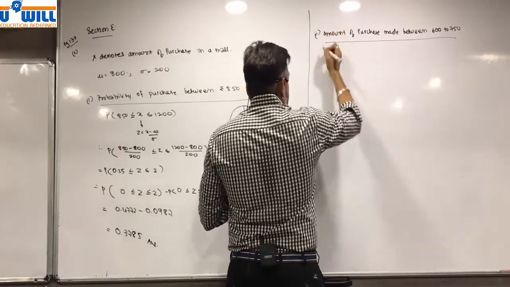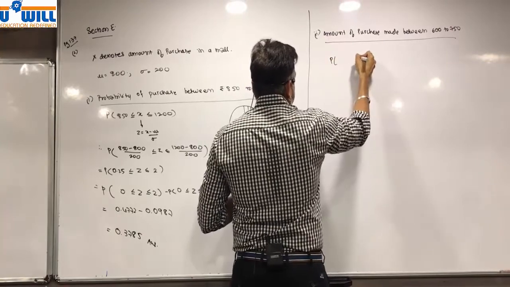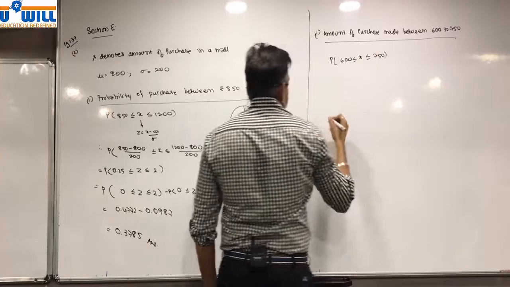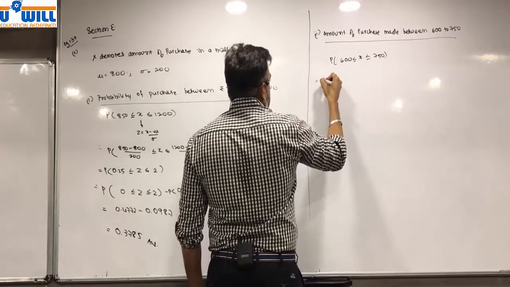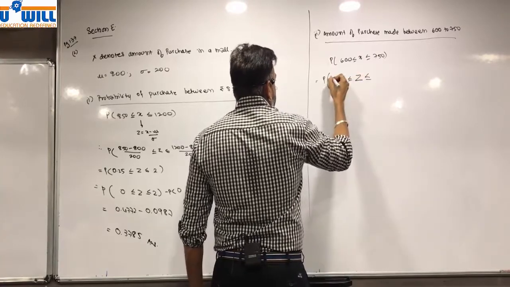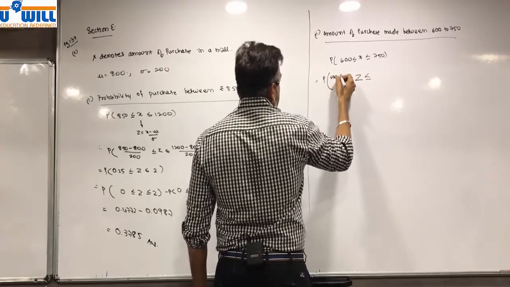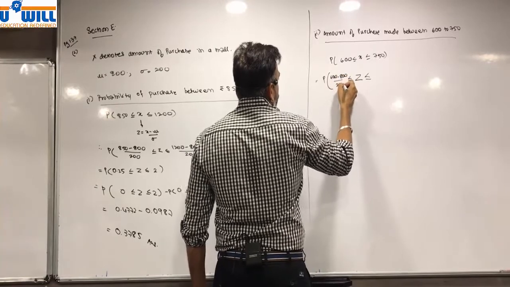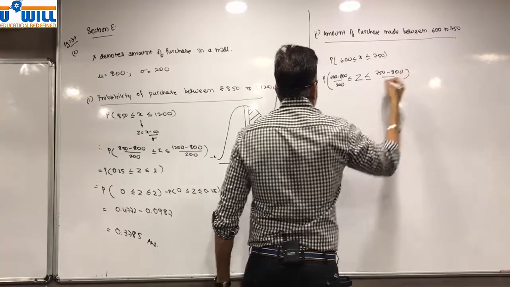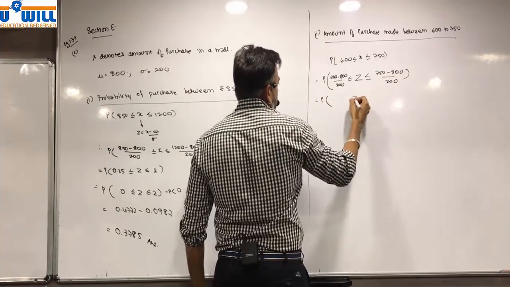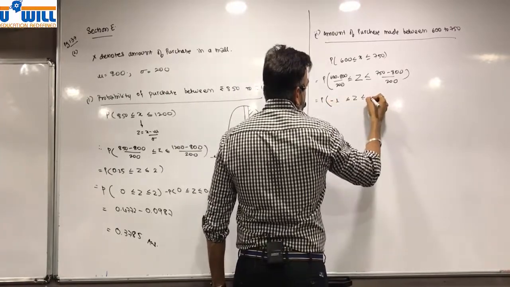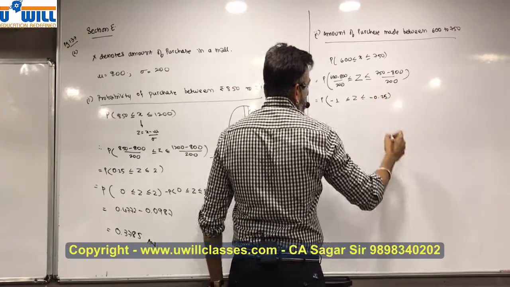So probability of X greater than equal to 600 less than equal to 750 is equal to probability of, we convert X into Z, (600 minus 800) upon 200 and (750 minus 800) upon 200, is equal to probability of Z between minus 1 and minus 0.25.